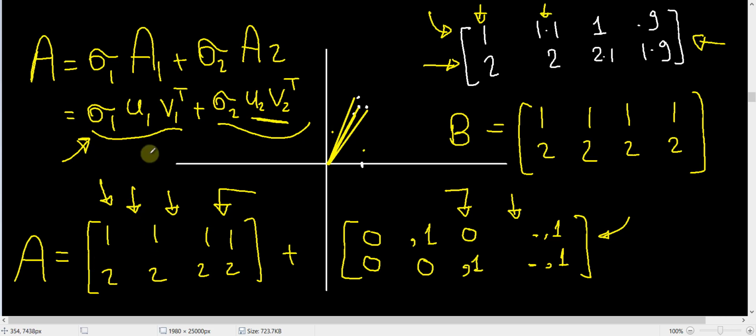So we need sigma 1, the weight or the importance of the first matrix, to be considerably larger than sigma 2, because this matrix has less importance than this matrix. Again, that's because sigma 2 A2 will have small numbers while sigma 1 A1 will have considerably larger numbers.